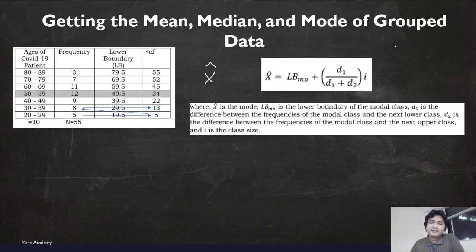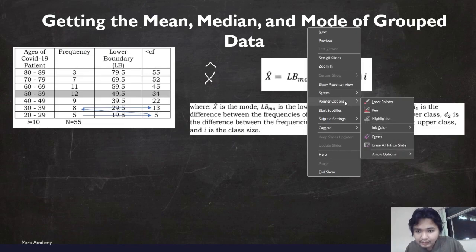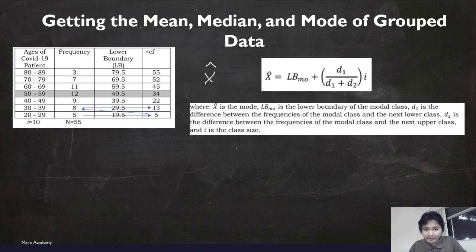Then d sub 1 is the difference between the frequency of the modal class and the next lower class. So we're going to get the d sub 1. As said here, the difference between the frequency of the modal class and the next lower class.